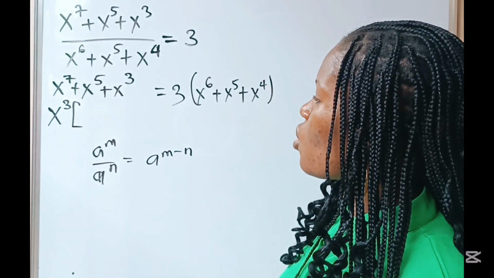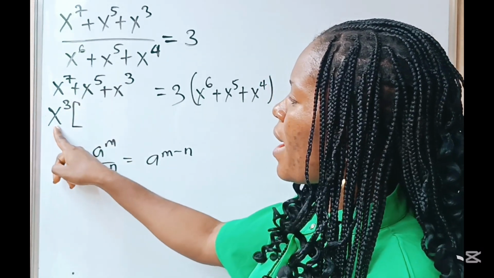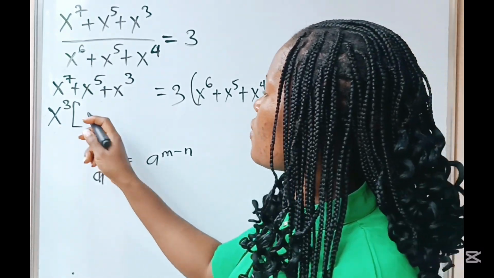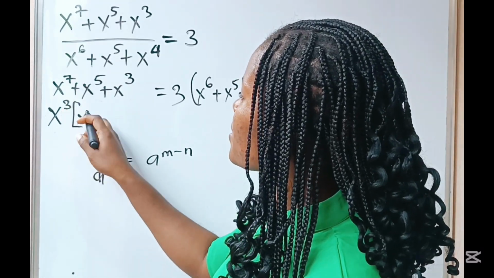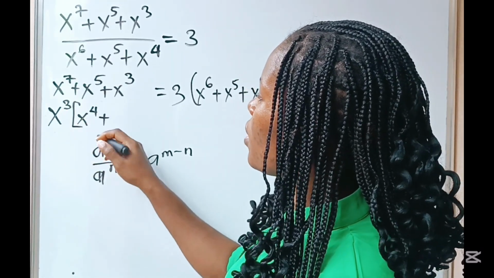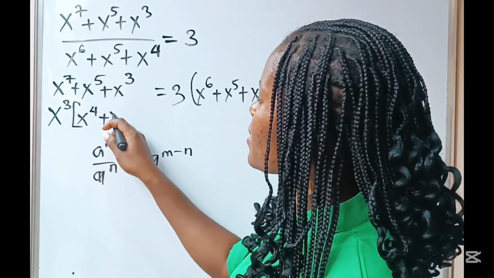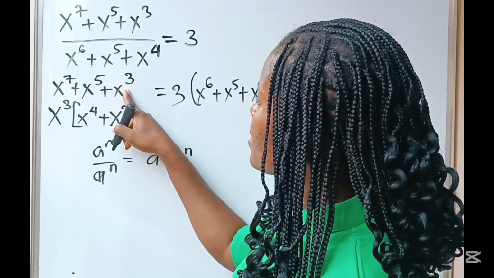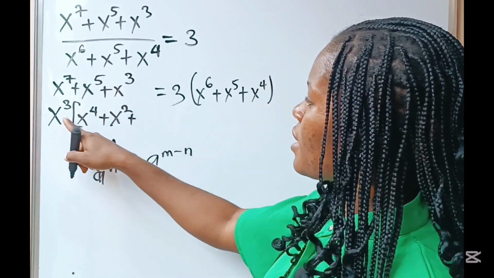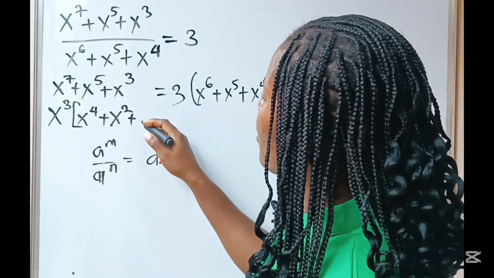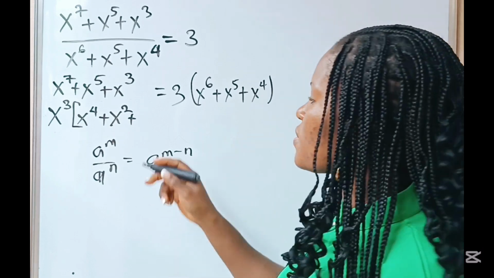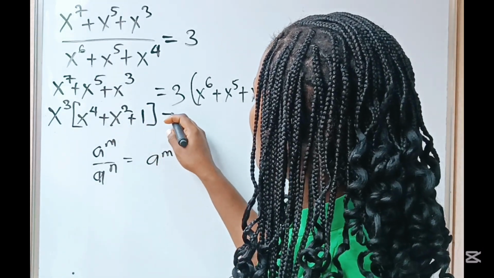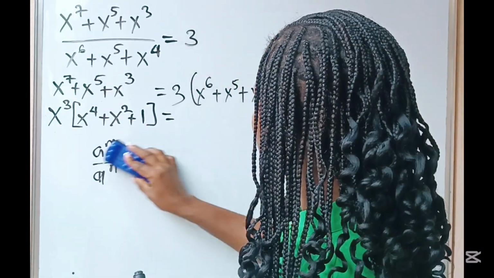So x to the power of 7 divided by x to the power of 3 is going to give us x to the power of 7 minus 3, which is 4, plus this divided by this will give us x to the power of 5 minus 3, which is 2, plus this divided by this will give us x to the power of 3 minus 3, which is 0, and x to the power of 0 will give us 1.